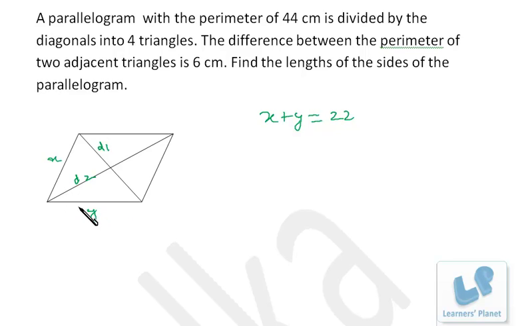Similarly, perimeter of this triangle will be y plus d2 plus d1. That means d1 and d2 are precisely the same. That means actually this 6 centimeter is nothing but the difference between x and y, right? So now we can find out the length. X will be 22 plus 6, that is 28 by 2, 14, and y must be 8, as simple as that. Okay.